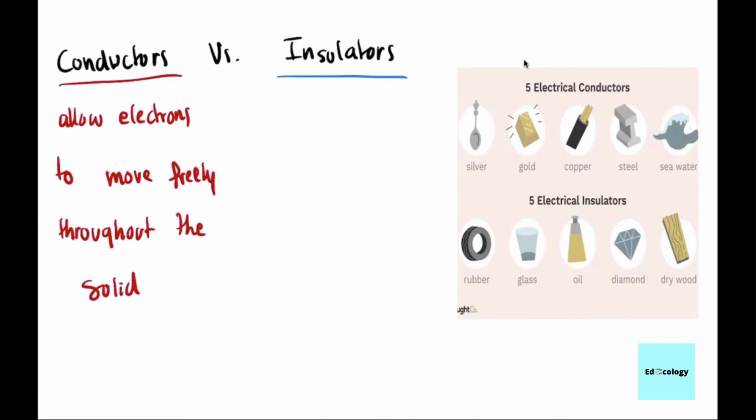However, insulators limit the movement of the electrons. And here there are some examples of conductors and insulators. Silver is an example of conductors, as well as copper, which is one of the most known ones. Insulators are, for example, rubber, glass, oil, etc.